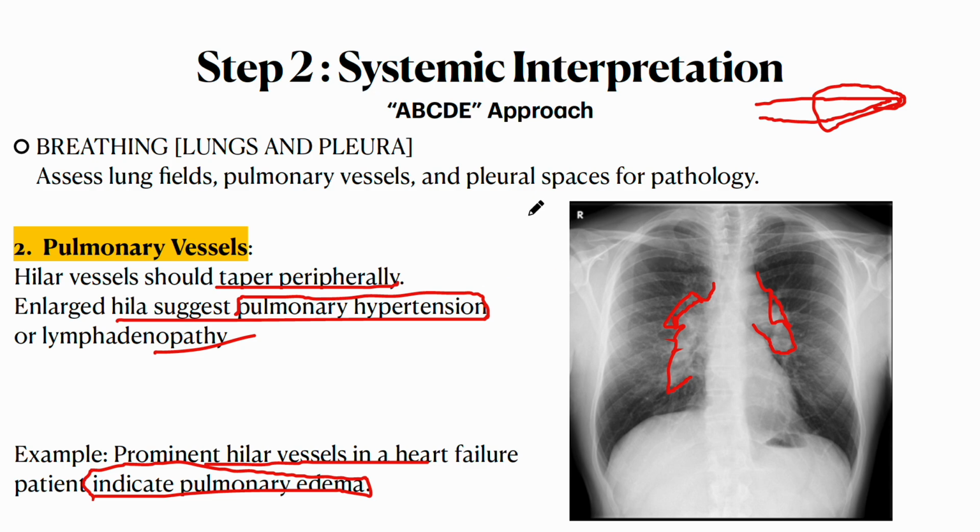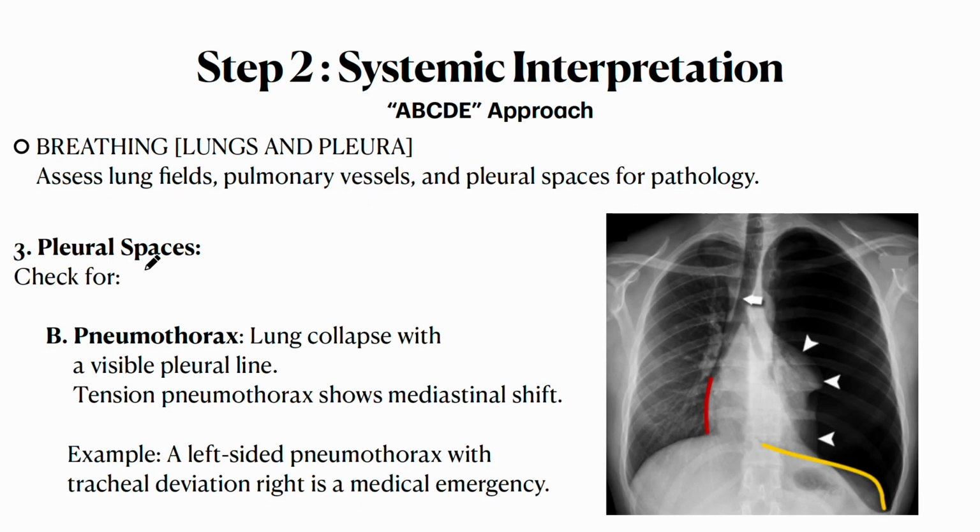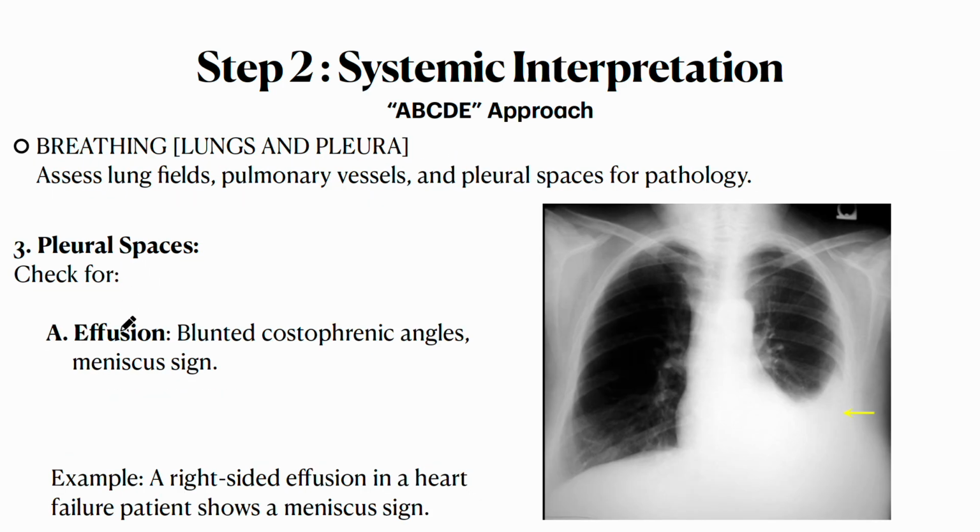Now we talk about pleural spaces. So in pleural spaces, we assess effusion and pneumothorax. So effusion has blunted costophrenic angles and meniscus sign actually. So costophrenic angle is the angle made by these ribs and then the diaphragm. This is the costophrenic angle.